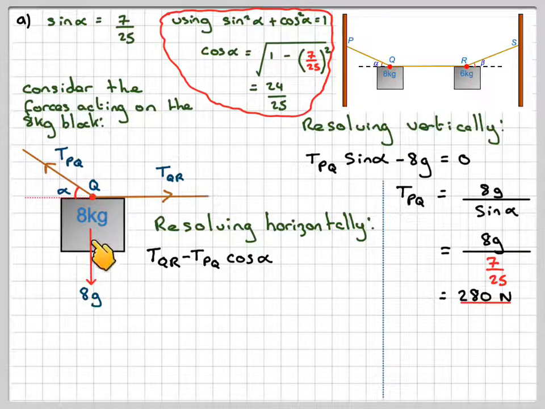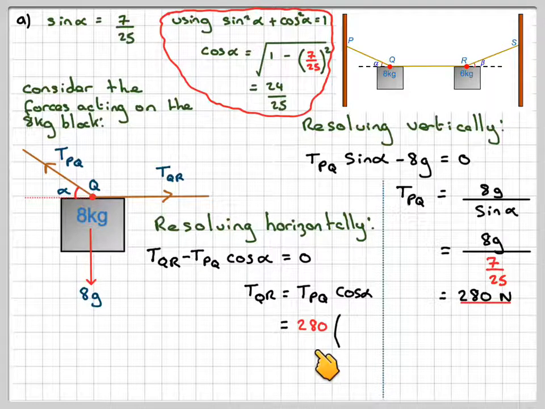But this time the weight will not interfere. So that will be equal to 0 because the system's in equilibrium, and therefore TQR is going to be TPQ cos alpha, which is 280 times cos alpha, which is 24/25, which will give me 268.8 newtons.